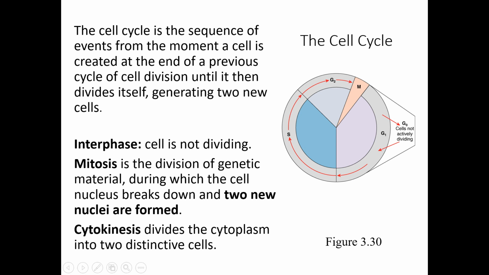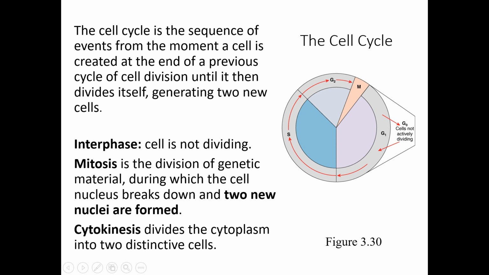Then the second stage, S, that's when that cell does its job, whatever it's doing for our body. It contracts if it is a muscle cell, or it produces some substances if it's a gland cell. Then it starts preparing for division. That's G2 stage. And finally, it goes into mitosis, or process of the cell division.